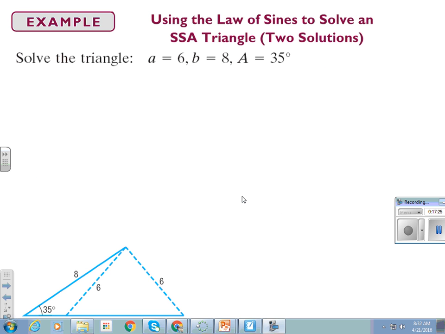If we have two solutions, and I'm going to be honest with you, I didn't memorize the B sine of A information when I was going through this content because I would just solve it. If you solve the triangle like you normally do and you get no solution, your calculator pops out an error message.